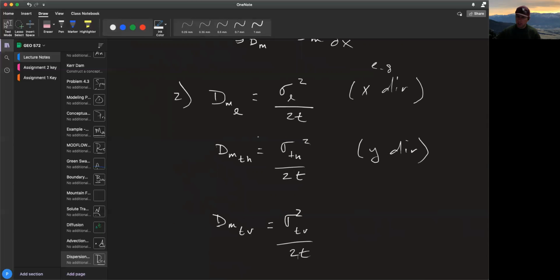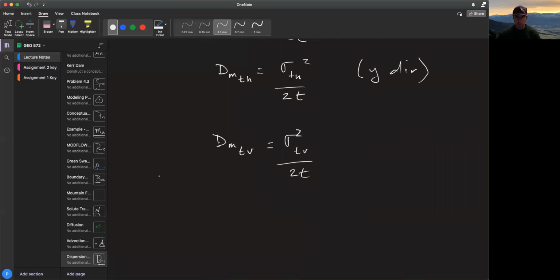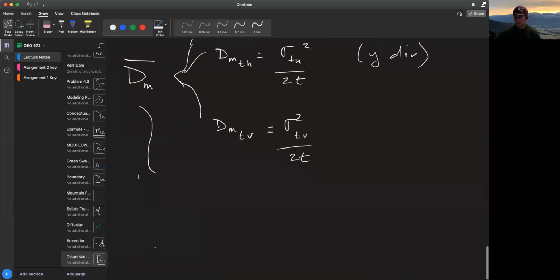Okay, so we can collapse D_mL, D_mTH, D_mTV into one big thing. We take all of these and collapse them into D_m bar, and this is called the dispersion tensor. Let's call it the mechanical dispersion tensor.